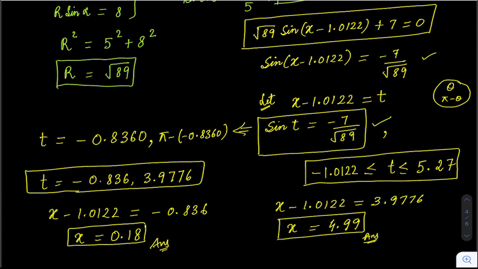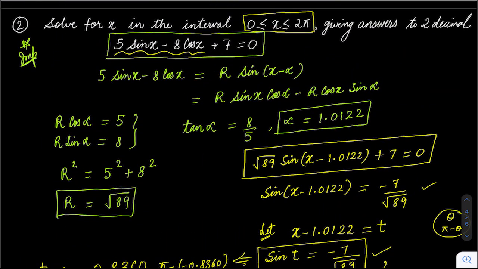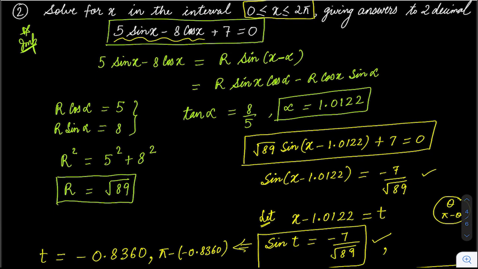So this is how you can solve trigonometric equation questions. These questions are very important and I have seen that students make a lot of mistakes in this, so be careful. I will repeat this again. First you convert 5 sin x minus 8 cos x into equivalent form, which will come out to be square root of 89 into sine of x minus 1.0122.